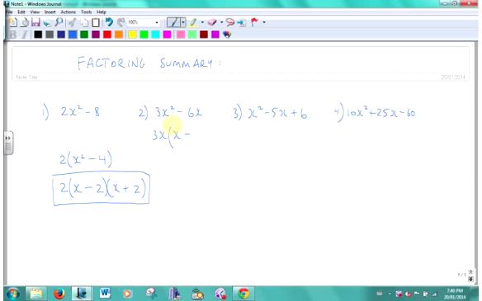If I take 3x out of 6x, what do I need to multiply this to give me this original term? It's a 2. Okay? This is not a difference of squares because it wasn't before, and well, it still isn't. What can I do? Nothing else. This is fully factored. Okay, there's a factor, there's a factor.